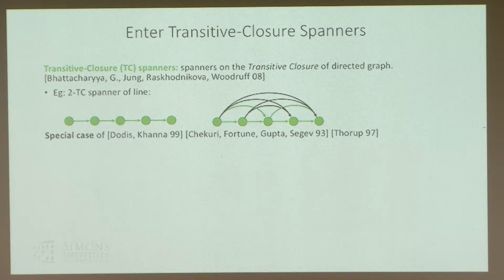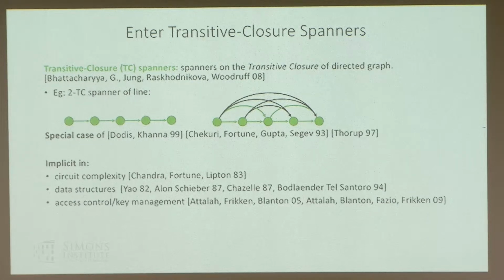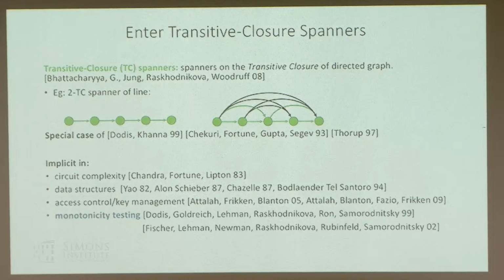These were studied before. The transitive closure spanners are special cases of graphs that were studied before. They are also implicit in many works in circuit complexity, data structures, access control, and even monotonicity testing. And this is how I got into it.